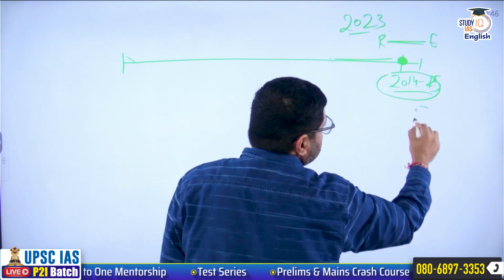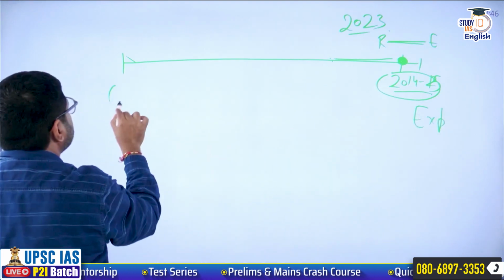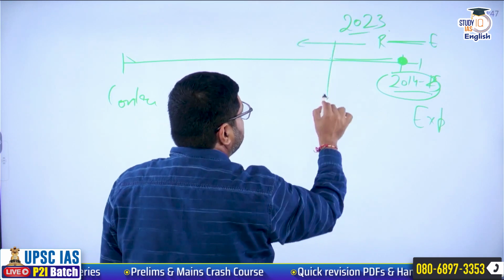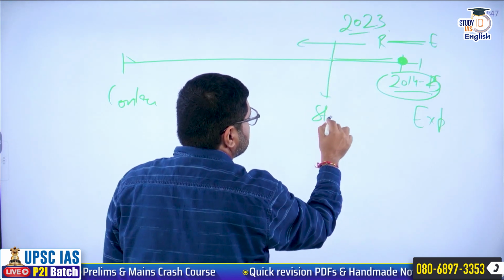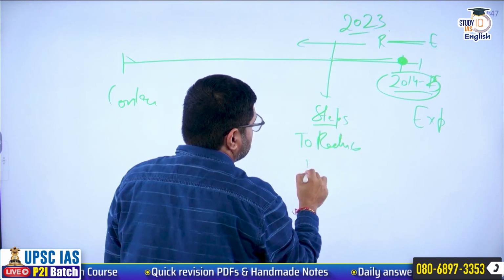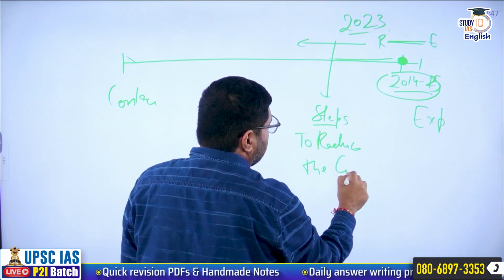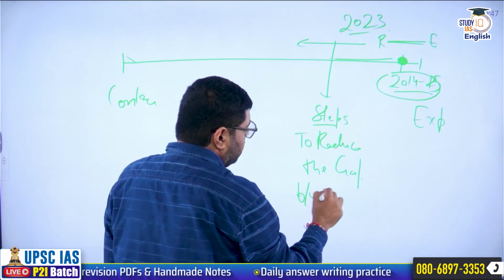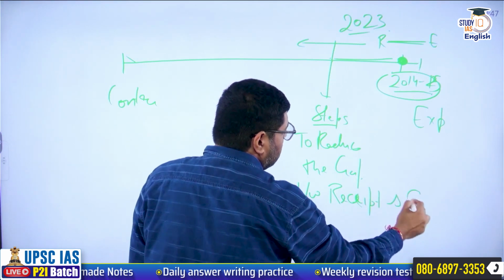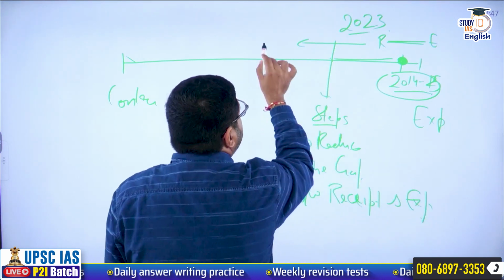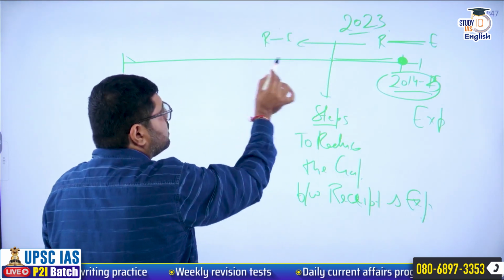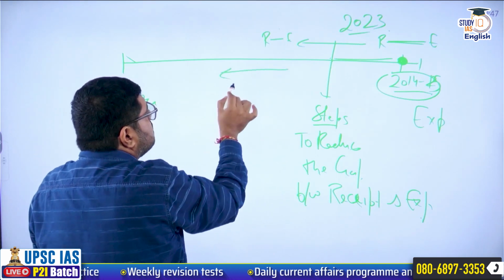If on this side it is expansionary and on this side it is contractionary, the government has taken multiple steps to reduce the gap between receipts and expenditure. Ultimately this gap has now narrowed down. Still we have expansionary, but narrowed down, so we can say that we are moving towards contractionary.